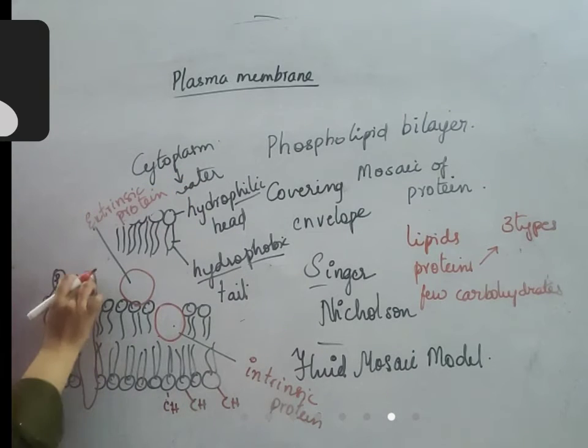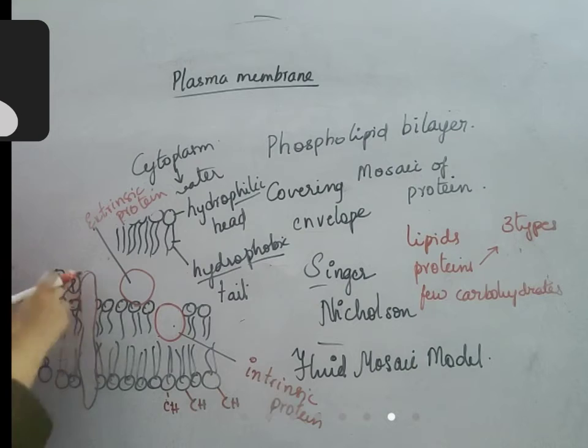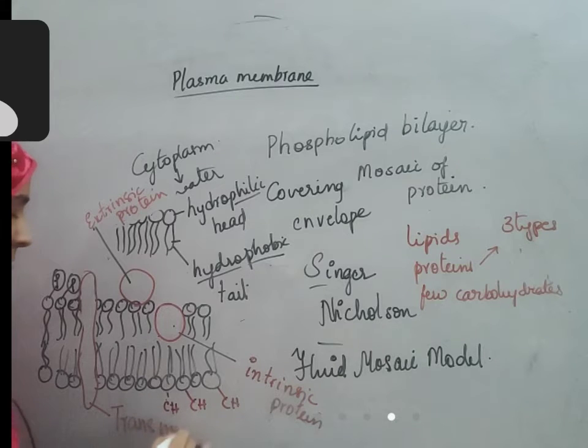And this protein, which is completely spanning the total lipid bilayer, is called a transmembrane protein. It is going across the membrane, that is why it is called transmembrane protein.